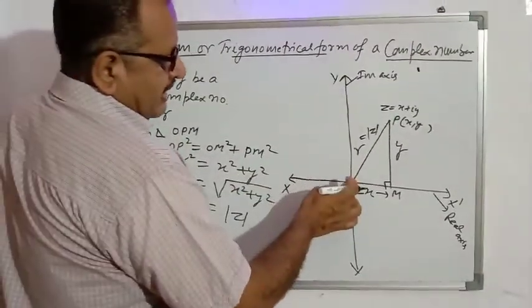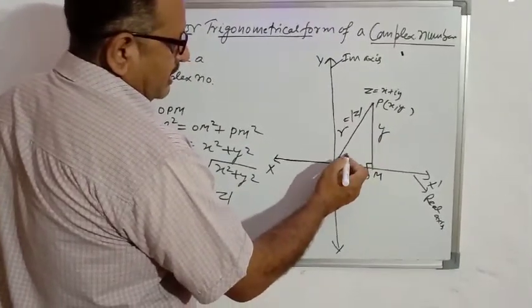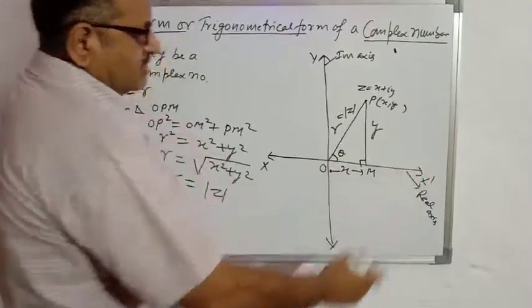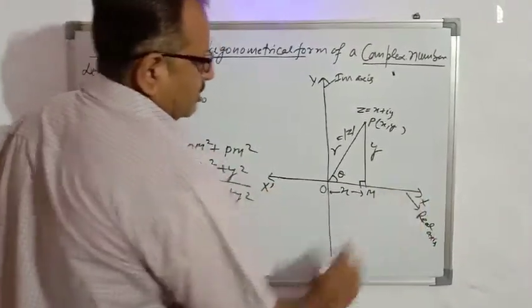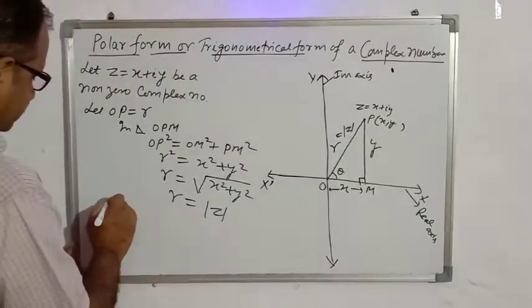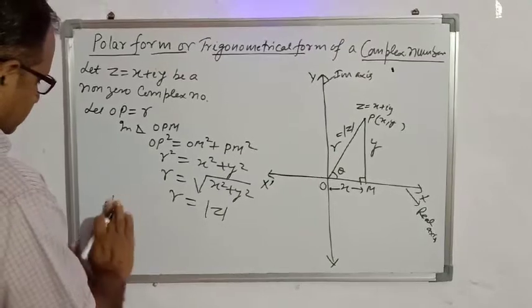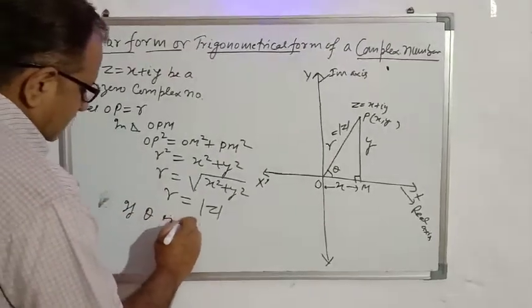And suppose this directed line segment OP makes an angle theta with the positive direction of the x-axis.